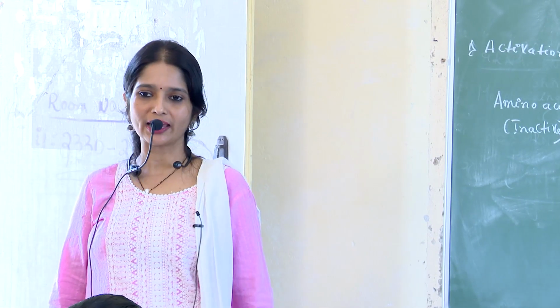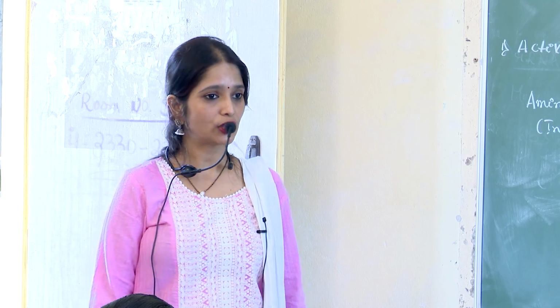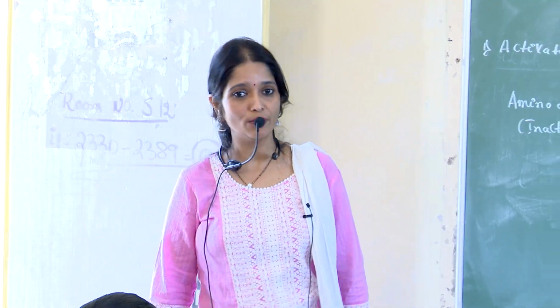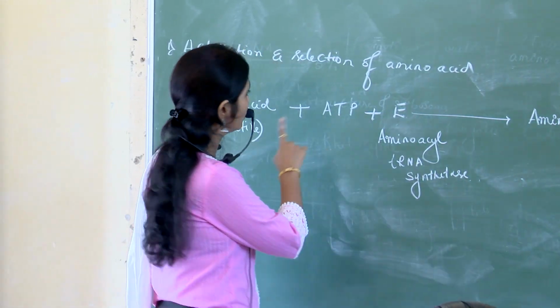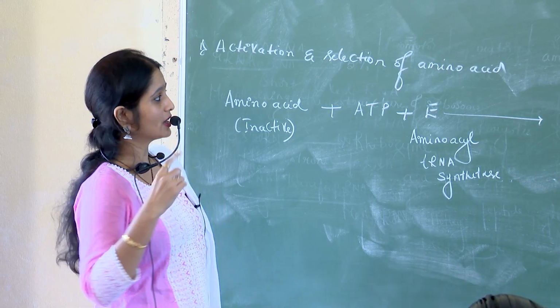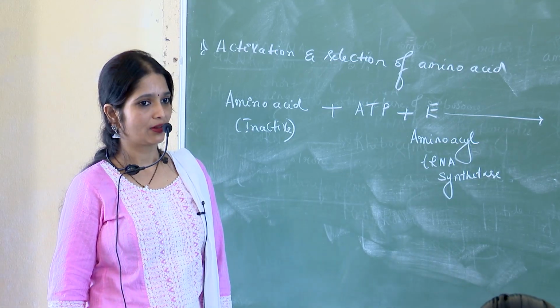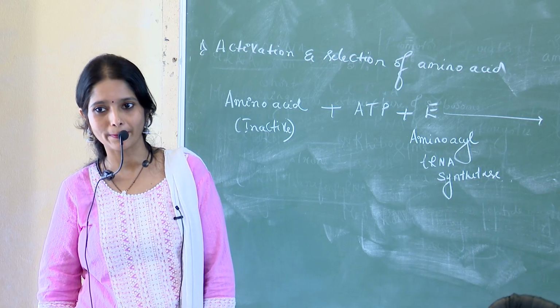Adenosine triphosphate is becoming adenosine monophosphate. Right? Yes. So, the amino acid has now been activated. What happens next? The amino acid is activated. After that, what happens?